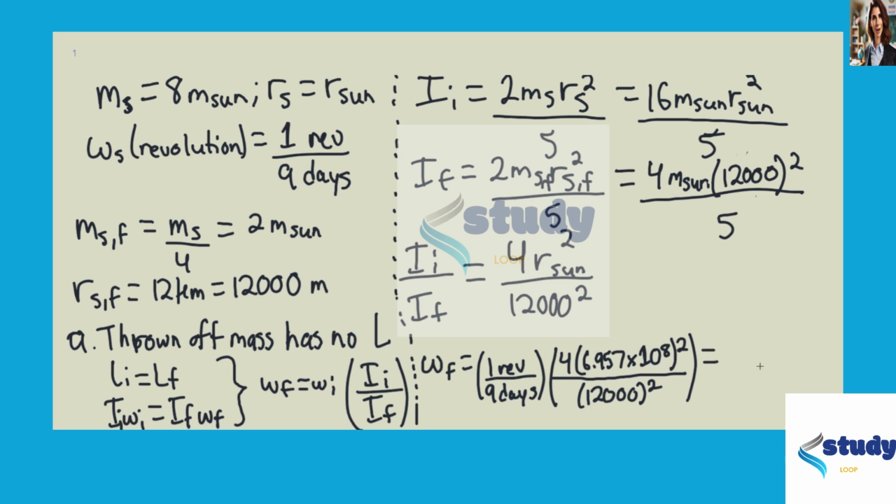And this would be equal to 1.494 times 10 to the 9th, and this will be revolutions per day. So this would be your answer for part A. This is the revolutions per day after the star has collapsed and the thrown off mass has no angular momentum.